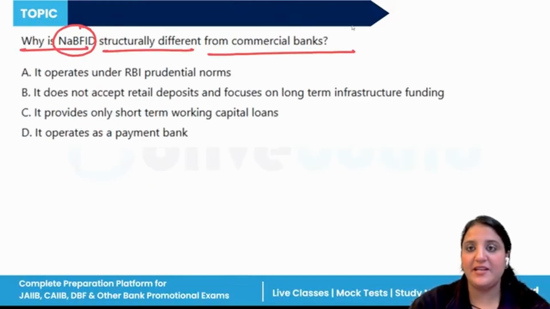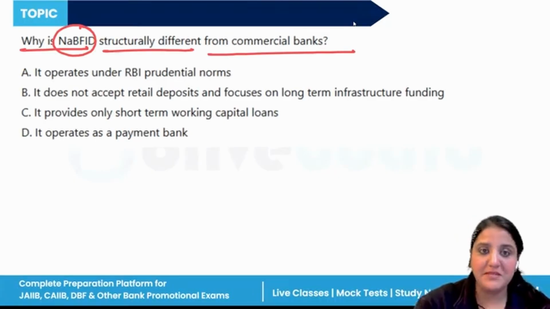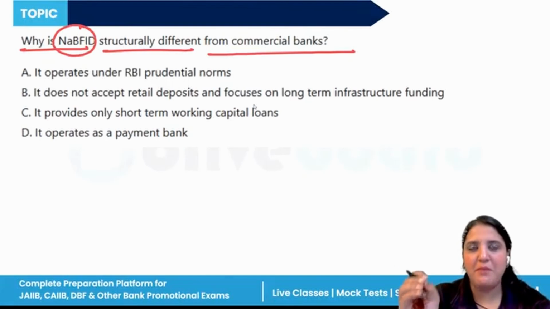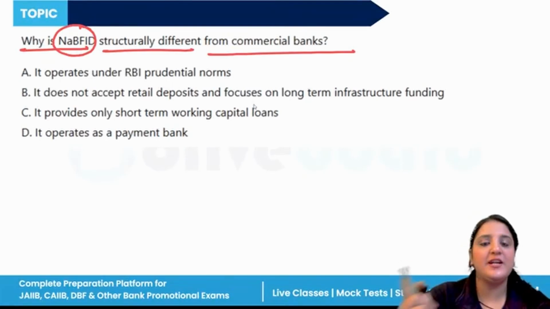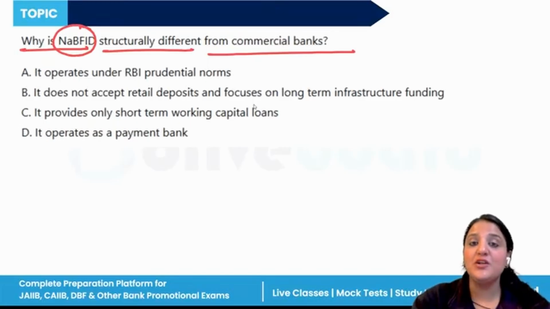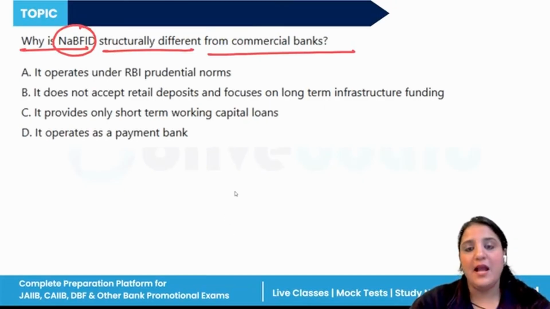Why NABFID? A very important concept. The full form is National Bank for Financing Infrastructure and Development. This is one of the specialized government-owned development finance institutions which basically supports long-term infrastructure financing, and its headquarters is in Mumbai.